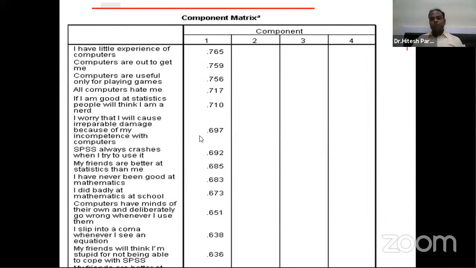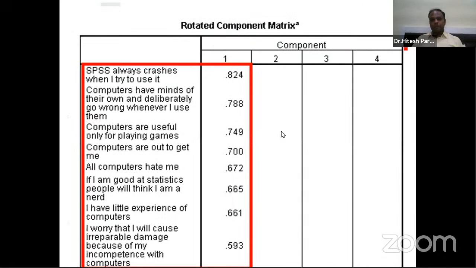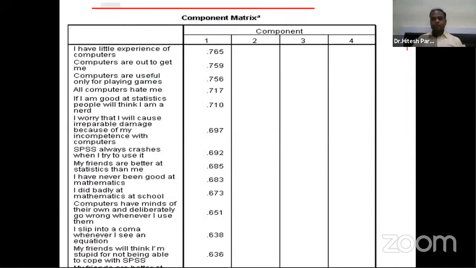Now we need to compare 2 component matrices. The upper one is the unrotated one, and the lower one is the rotated one. Can anybody tell me which one is better, rotated or unrotated, and why?